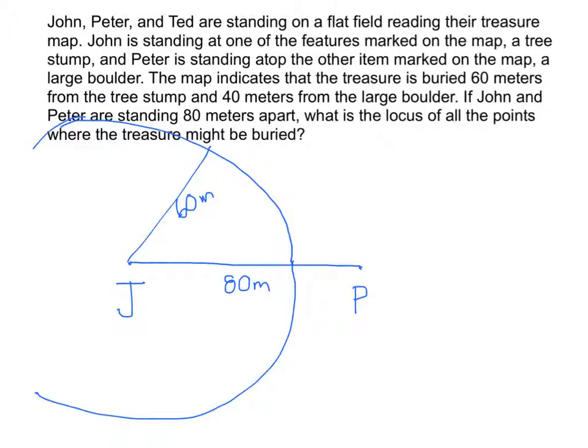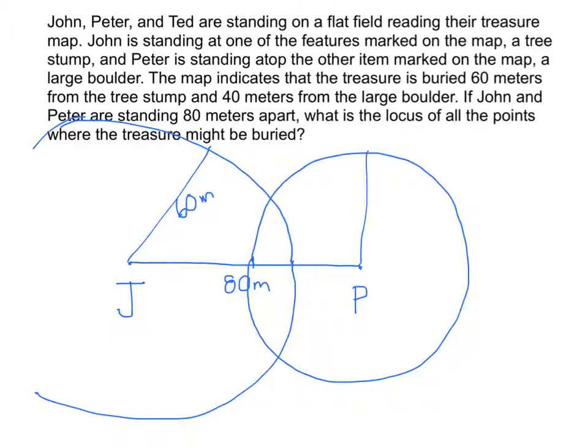And then we know that it's 40 meters from the large boulder, so we can do the same thing and draw a circle around Peter that's 40 meters. So now we can see that the only two places that the treasure could be buried are here and here, because they're the only places that are both 60 meters from John and 40 meters from Peter.